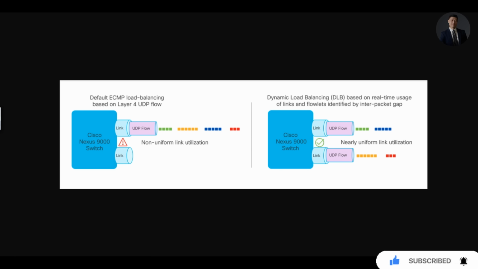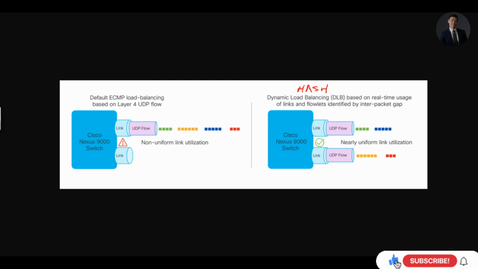The next topic we'll talk about is dynamic load balancing, DLB. Dynamic load balancing is an advanced intelligent hashing mechanism that improves the traditional equal cost multipath, ECMP, forwarding.